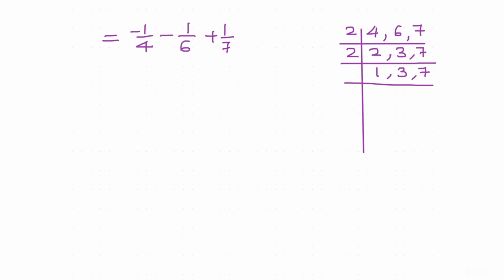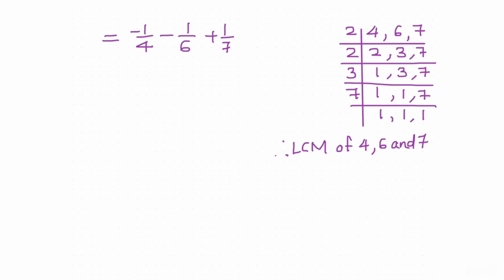Next factor we are going to take is 3. 3 times 1 is 3. 7 we will write as it is because 7 is not divisible by 3. Next factor we are going to choose is 7. 7 times 1 is 7.